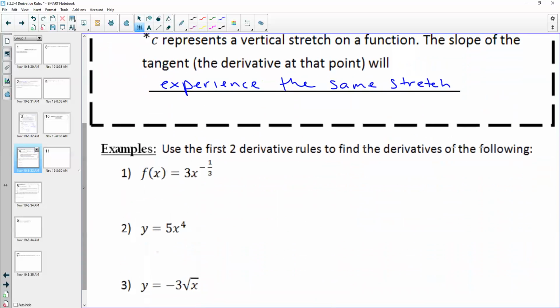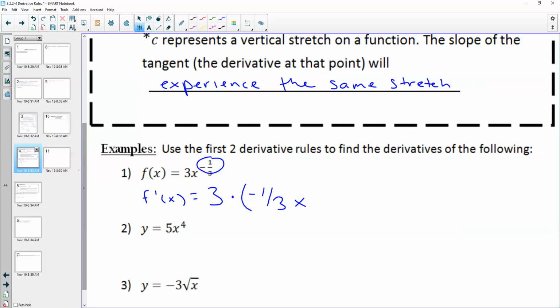So let's go through a few more examples. So we have f of x is equal to 3x to the exponent negative 1/3. So f prime of x is equal to 3 multiplied by the derivative of x in there. Okay, so same thing, we'll take that negative 1/3, put it out in front.